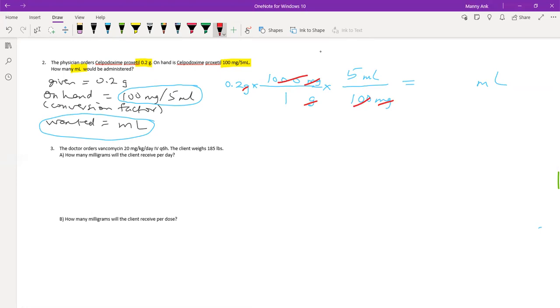So 5 times 10 is 50, and 50 times 0.2, that's 10. So that's 10 ml. You have to give 10 ml of the medication. Dimensional analysis is an easy way of solving these problems.